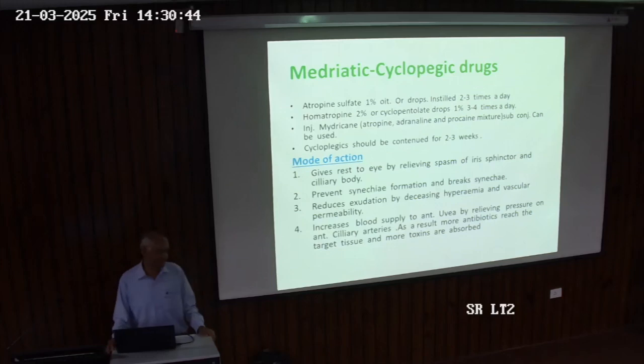Mydriatics, the dilators: you should know what the dilators are, what the mechanism of action is, and what the duration of action is. Mostly the dilators we use in uveitis are atropine, homatropine, cyclopentolate, and tropicamide.